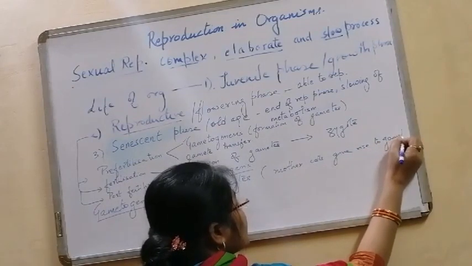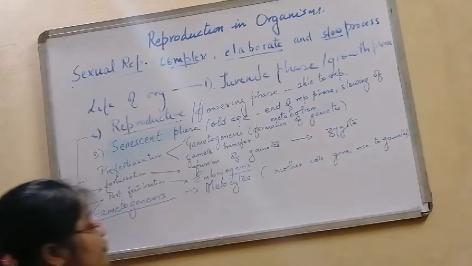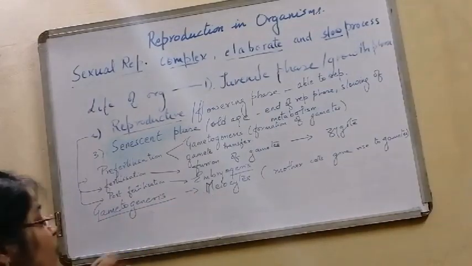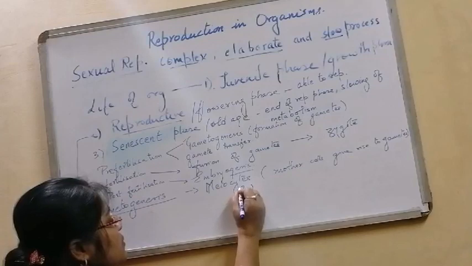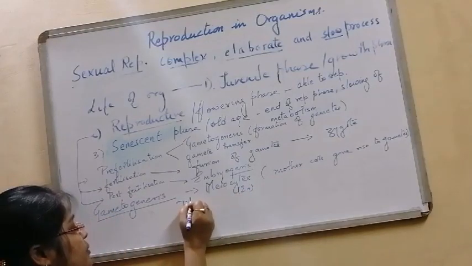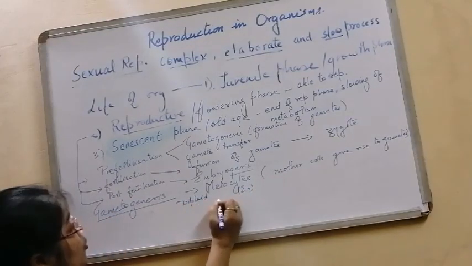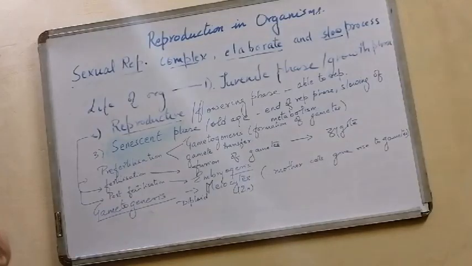If these meiocytes are 2N, that means they are diploid. I hope you are familiar with these terms, because you are studying in class 12, so you might be hearing these terms from class 9th.